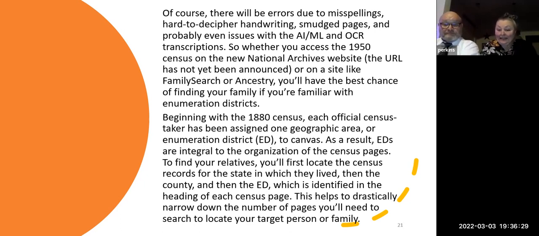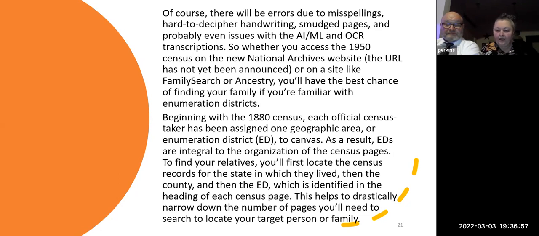Beginning in the 1880 census, each official census was taken by assignment to a geographic area, and the geographic area is the enumeration district. Personally, I hope that my family's always on a farm, because it's a lot easier to find them on farms than it is in a city, but you get what you get.